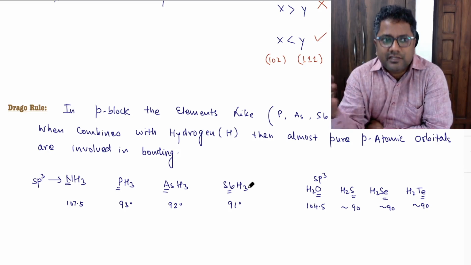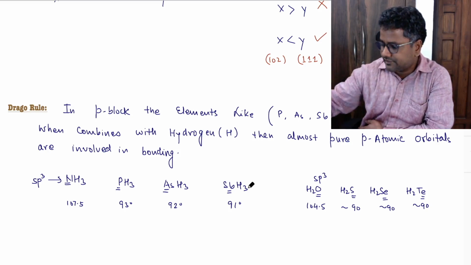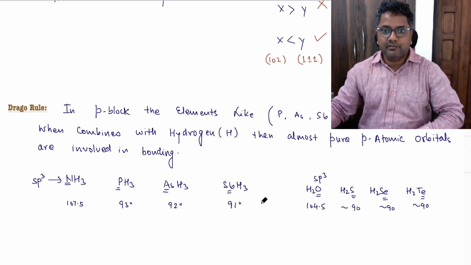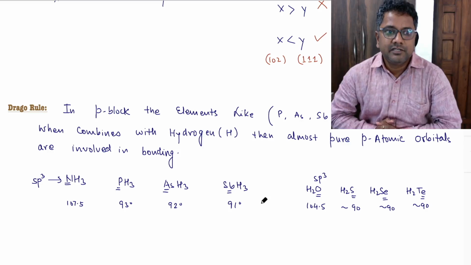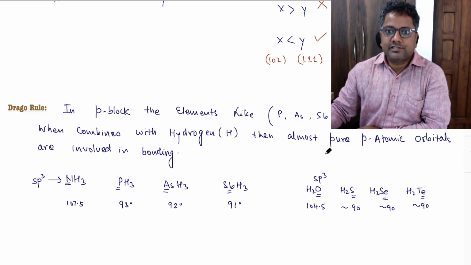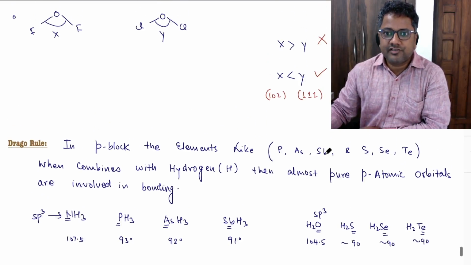So in this way you can explain all these properties depending on the bonding. Bonding is the important concept of chemistry, right? So this is Drago's observation basically.